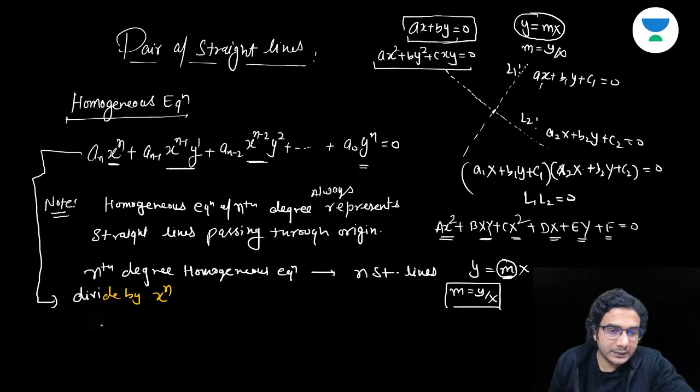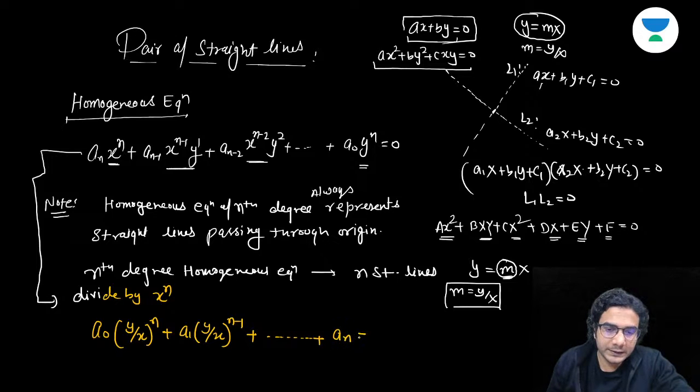If you divide by x raised to n, it is going to be a naught y upon x raised to n plus a1 y upon x raised to n minus 1 plus so on up to an. This is equal to 0.